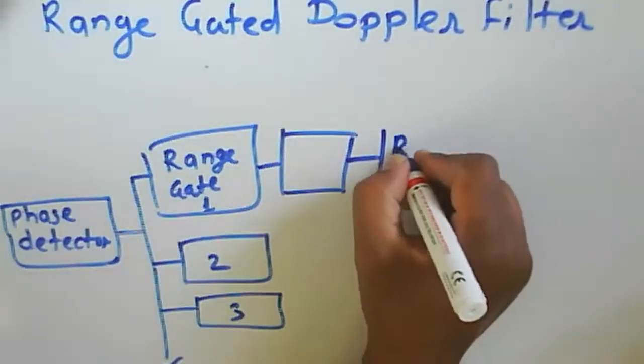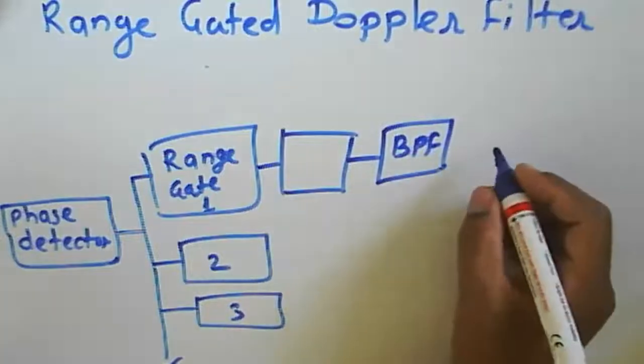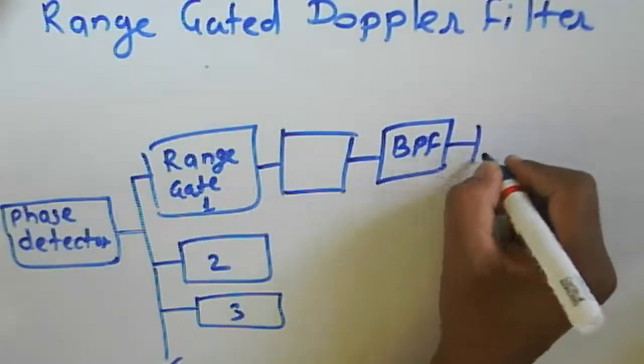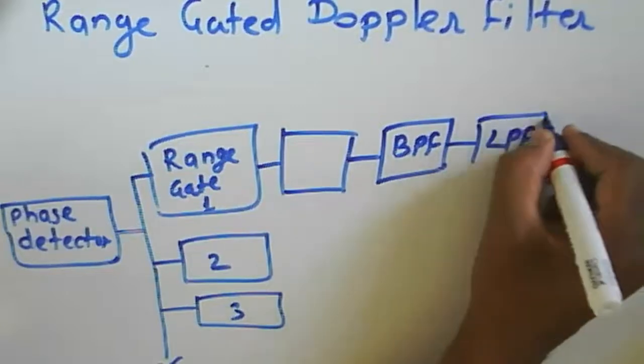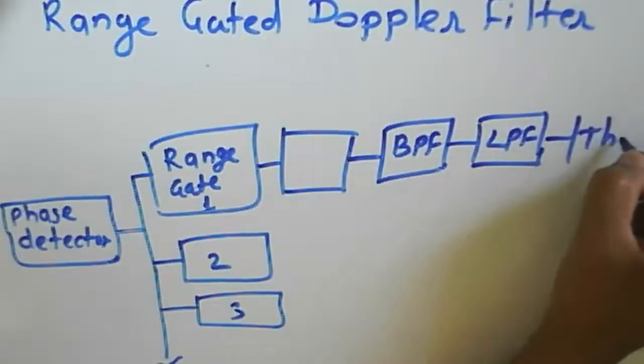Then we have a band pass filter, then a low pass filter, then a threshold here.